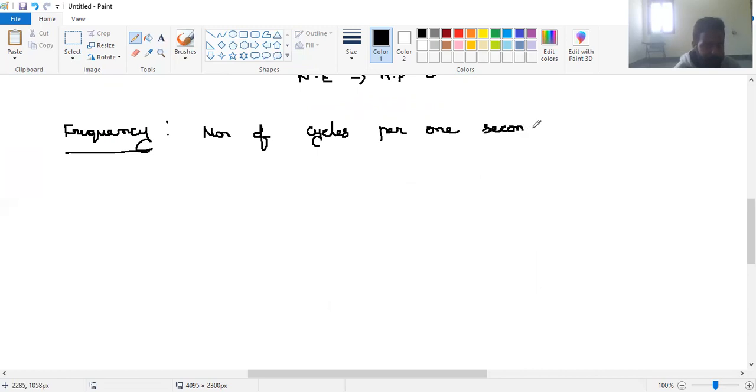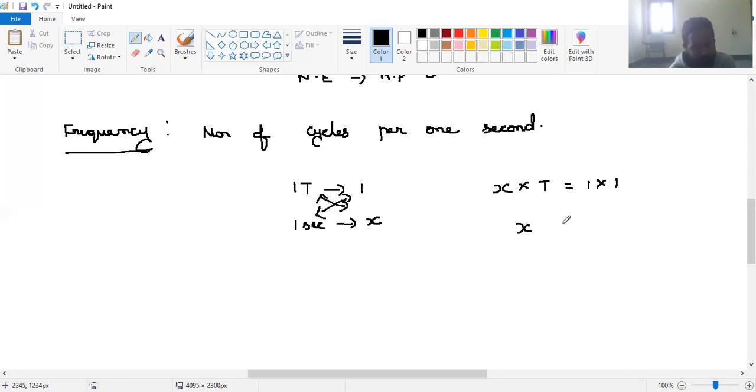In one time period we have one cycle. Now in 1 second, let's say we have x cycles. So how to find x? Cross multiply. So x into T is equal to 1 into 1. So x is equal to 1 by T. This x is called frequency.